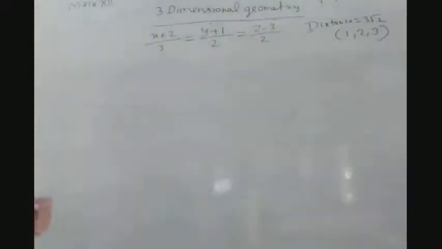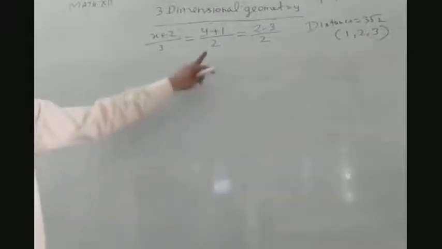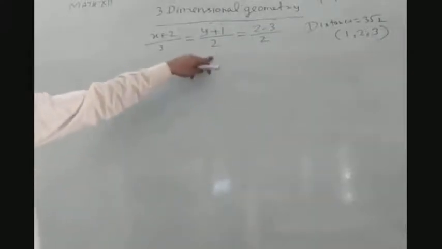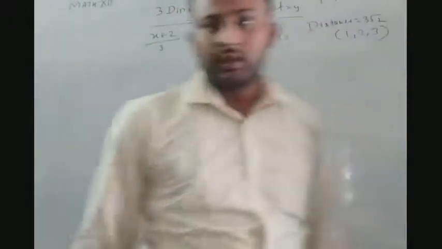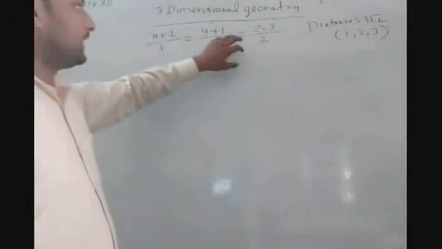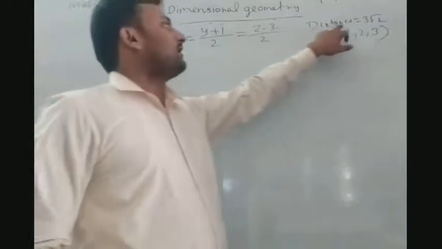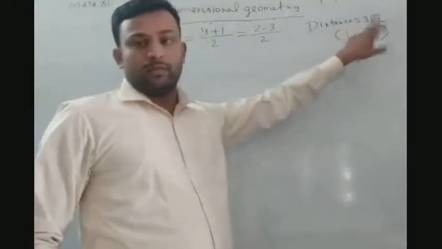Okay, we have to find the point on this line which is at a distance of 3 root 2 from this point.